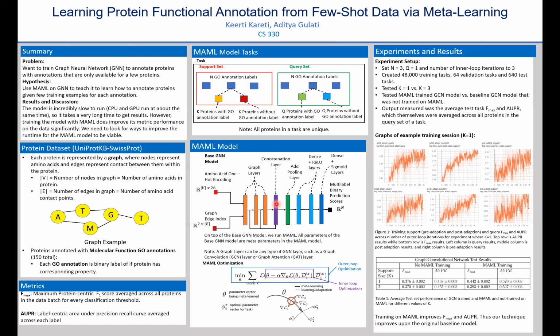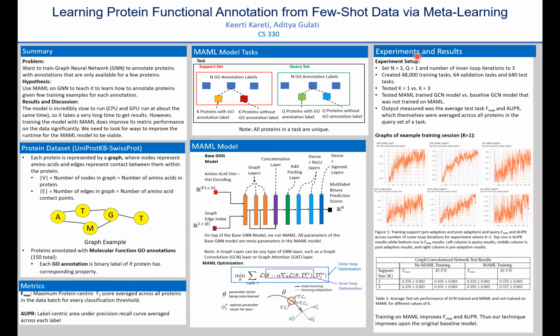Finally, we pass that vector through dense layers with ReLU activations, and then a dense layer with sigmoid activation in order to get the output, which is a multi-label binary prediction score for each of the GO annotations for that protein. So this is our base GNN model, and afterwards we apply MAML optimization on top of it as described below. Next, we'll be talking about our experiments.